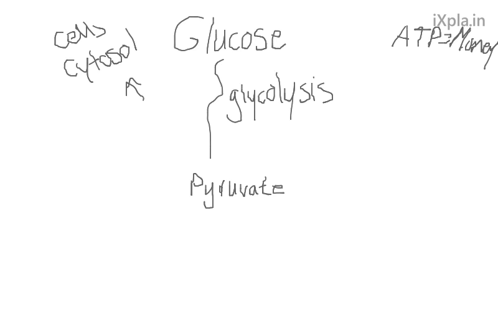After you eat, glucose floods your system, because your body converts the food to its simplest forms, which are glucose, proteins, and fats. But we'll focus on just glucose here. Your body floods your cells with glucose. Now, glucose has to get inside the cell to go through glycolysis in order to form pyruvate and ATP.